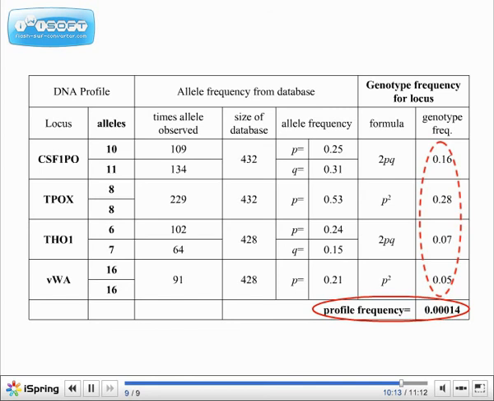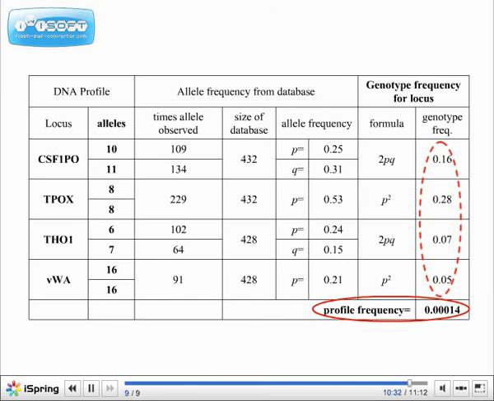This means that the probability of finding 2 Caucasians sharing the same alleles at all 4 STRs is 1 in 7,142.